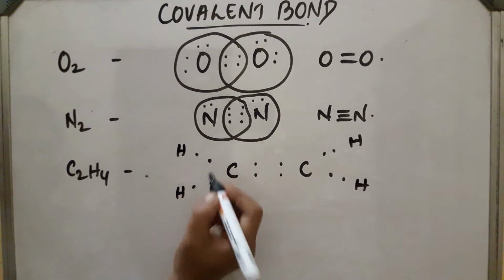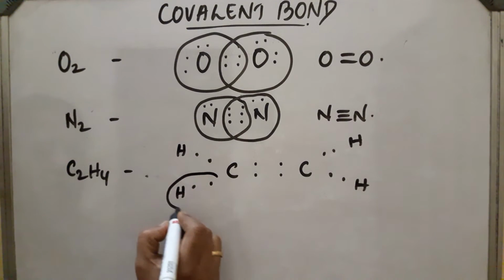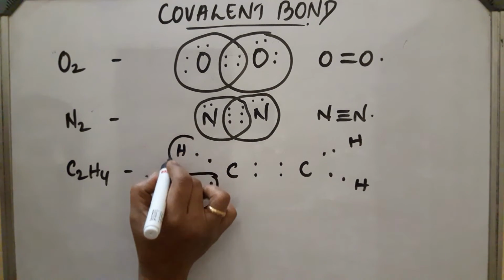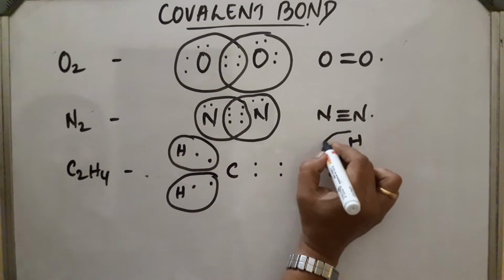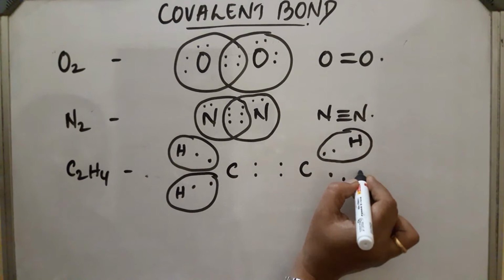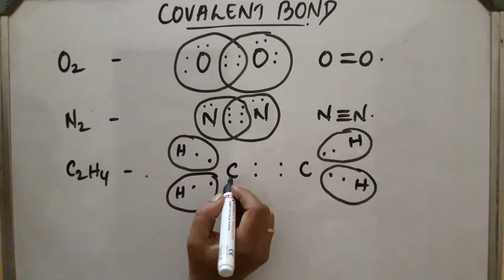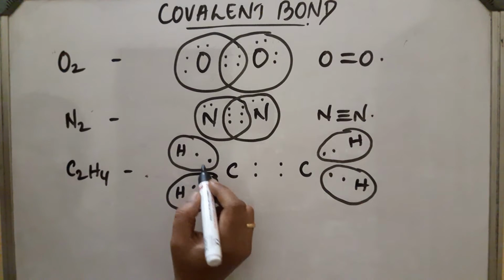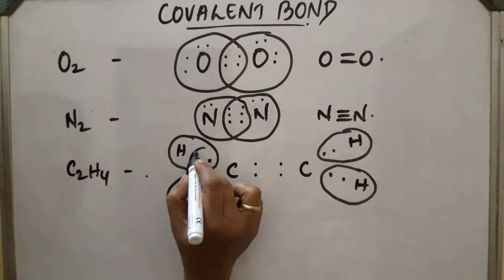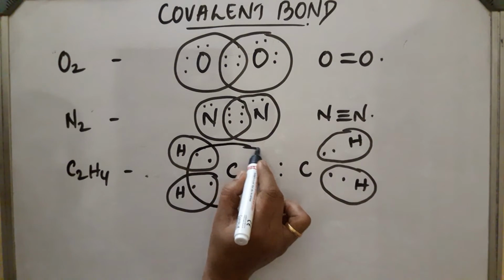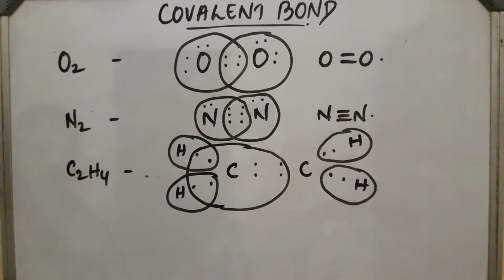From here, this carbon shares 1 electron. Here also, carbon shares 1 electron. Now, what about this carbon atom? It shares with the 4 electrons of the other carbon and the 2 hydrogen atoms from here.